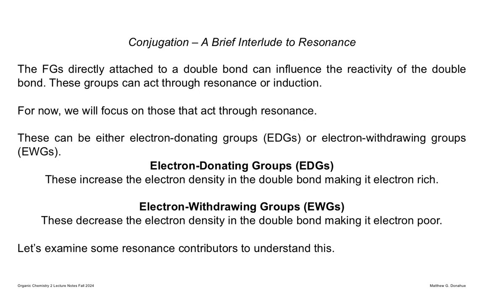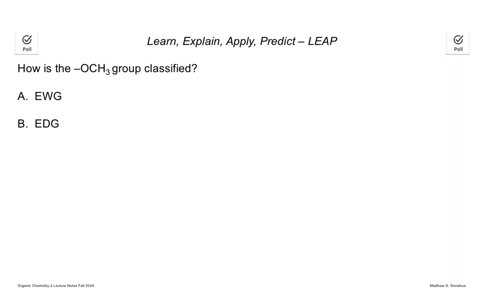So again, electron donating groups increase electron density into the double bond. Electron withdrawing groups take it out. So if you had this situation, an OCH3 group, so we kind of already saw that in the prior problem. It was just O-ethyl, now it's O-methyl. Oxygen has the lone pairs that can pump into the alkene.